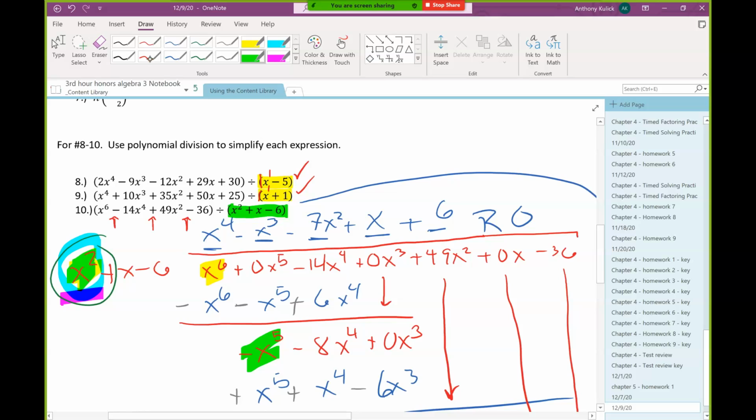But on number 10, you'll notice that the leading coefficient is 1, but the degree is 2. So we couldn't do synthetic division on number 10 because it doesn't meet the criteria. Now, I haven't shown you how to do the synthetic division yet.